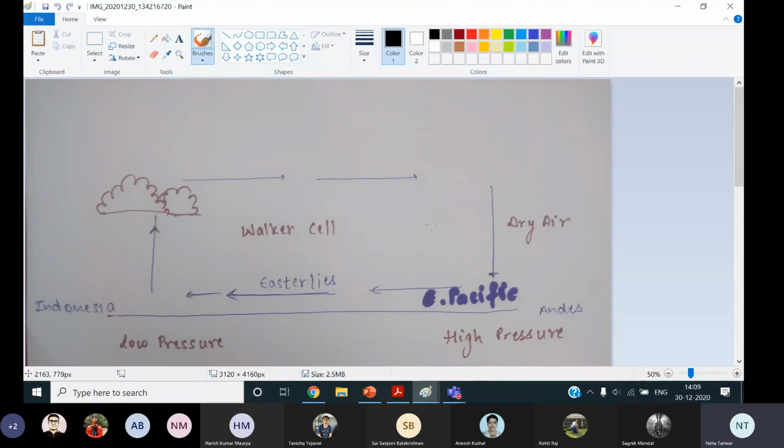This is not just the warm water piling up; these are the warm winds as well. So the western side actually develops low pressure. How does it develop low pressure? Someone? I'm already telling you that there's a low pressure, but how is this low pressure created? How do we get a low pressure zone in the western side of Pacific?